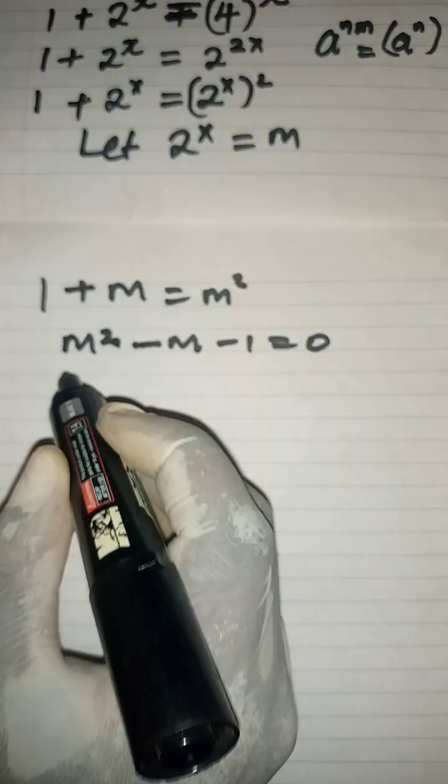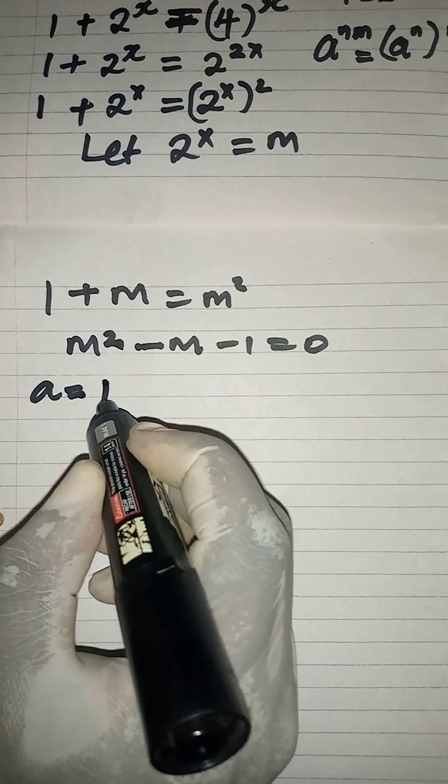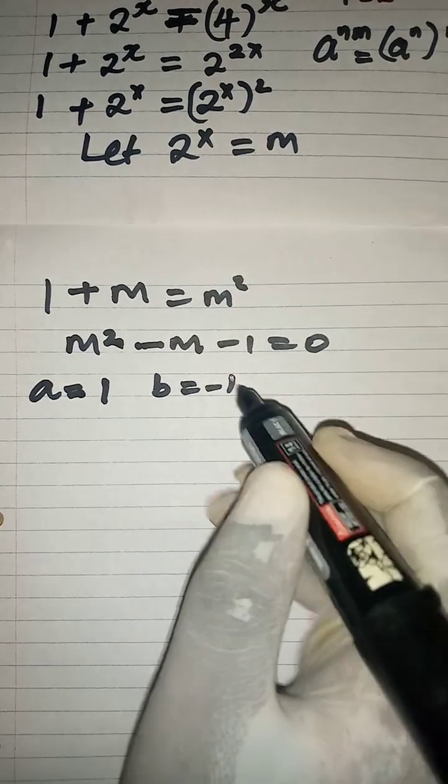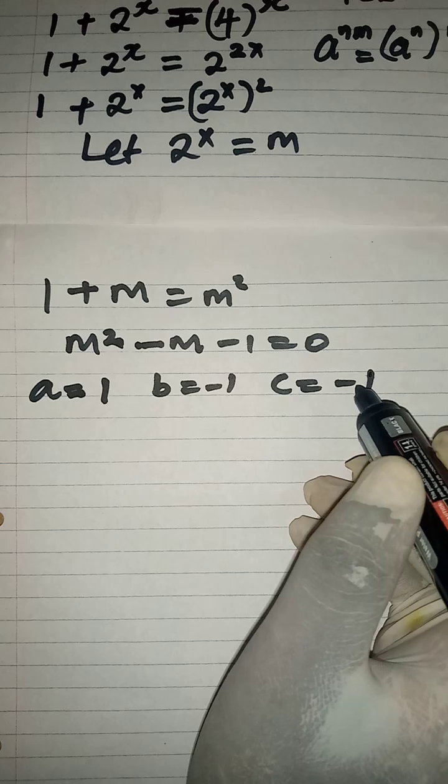Solving it using the quadratic formula, I'm going to get a is equal to 1, b is equal to negative 1, c is equal to negative 1.